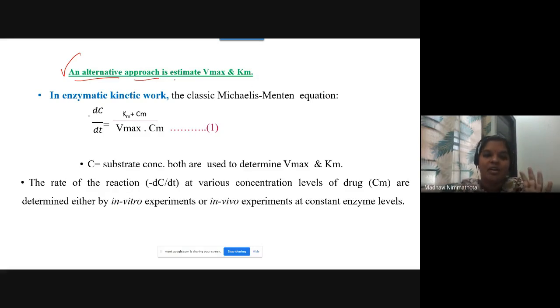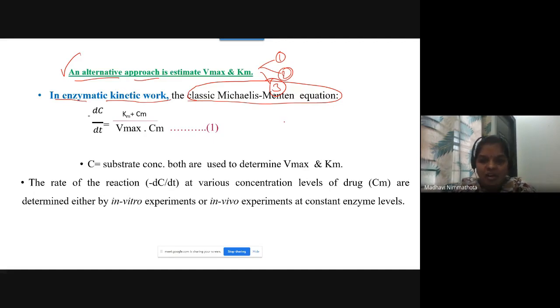This is an alternative approach, and here also you have three different methods to estimate the Michaelis-Menten constant and the theoretical maximum. So this is the next enzymatic kinetic classic Michaelis-Menten equation, used to estimate Vmax and Km by alternative methods.